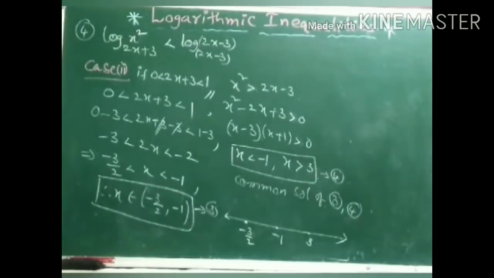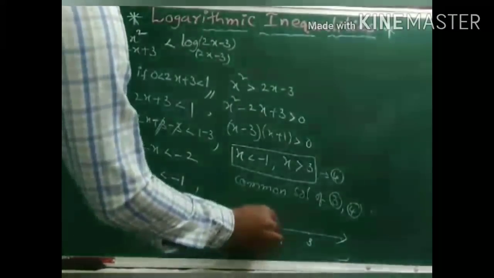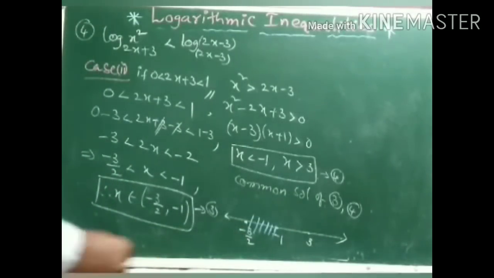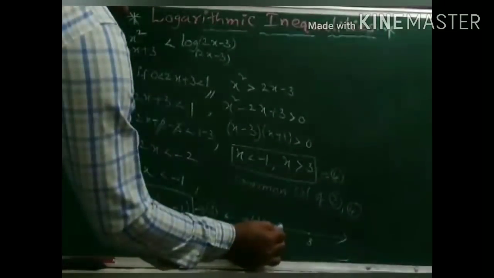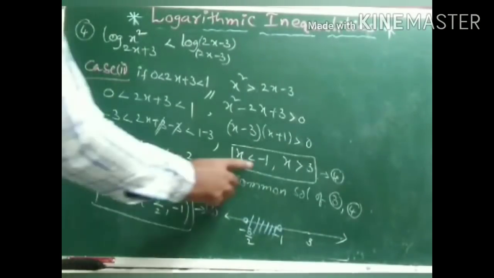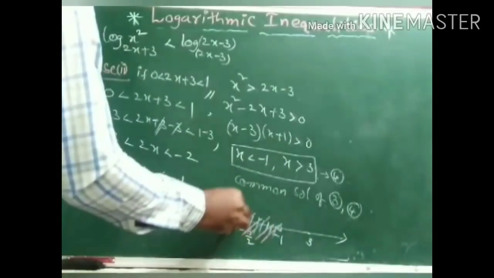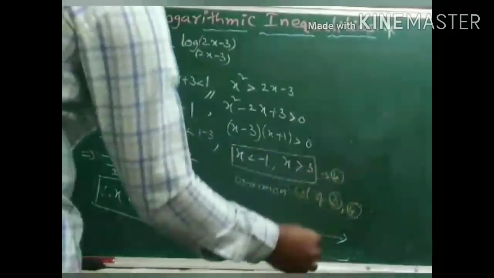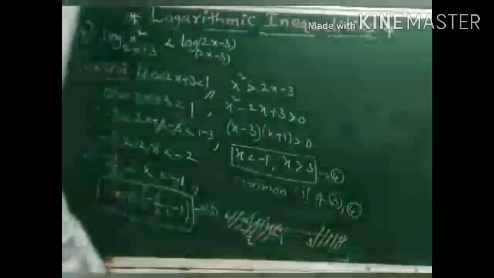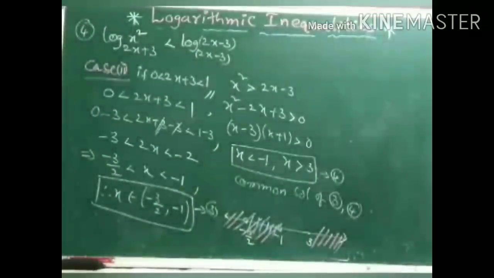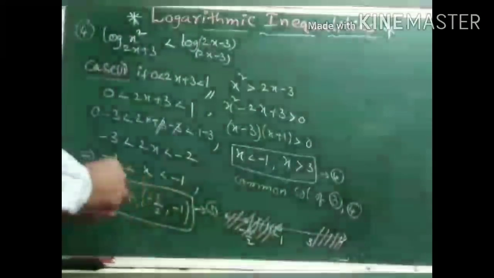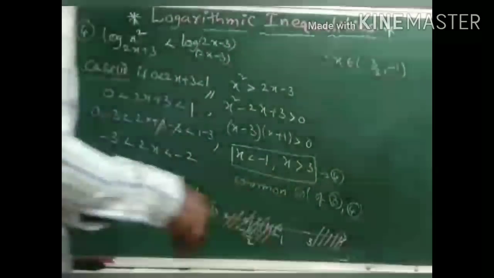Coming to the first case, x lies between minus 3 by 2 and minus 1, excluding these boundaries, these are open circles. And coming to here, less than minus 1 is this area, and greater than 3. Now clearly the common solution is x belongs to the open interval minus 3 by 2 comma minus 1. Say suppose this is double star.